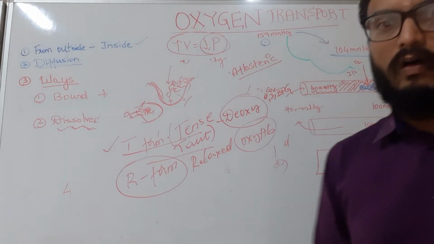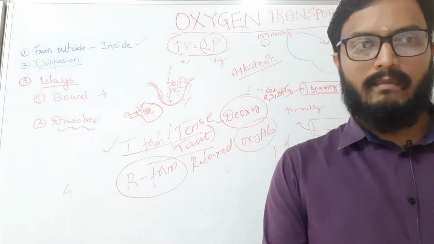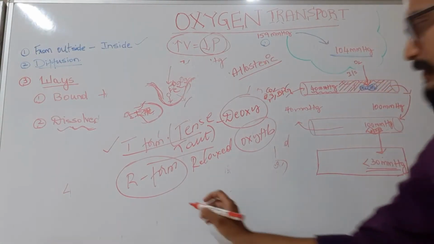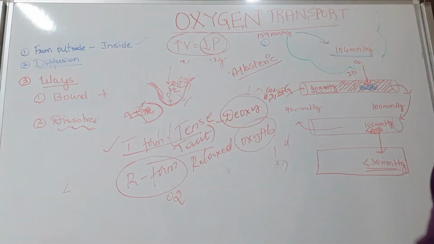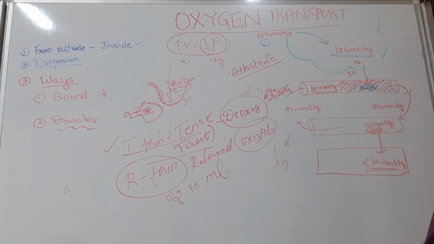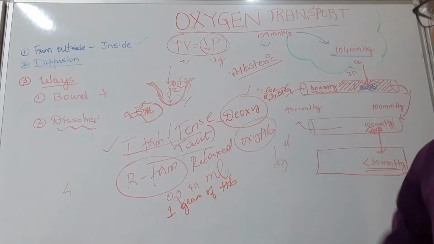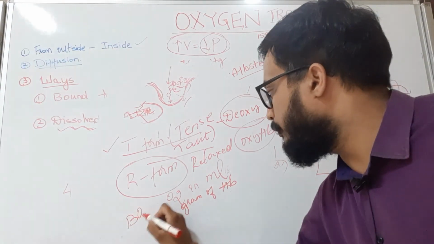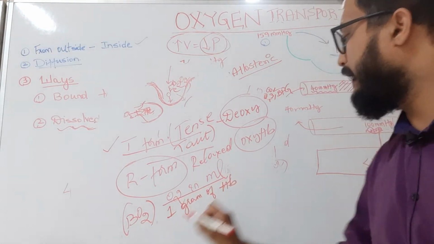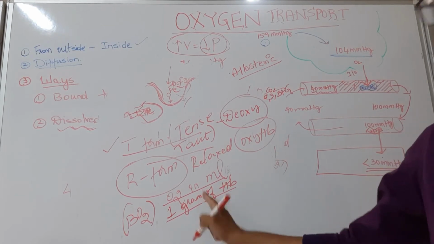We do have something called the oxygen binding capacity of hemoglobin. The oxygen binding capacity of hemoglobin is the amount of oxygen in milliliters carried by 1 gram of hemoglobin.